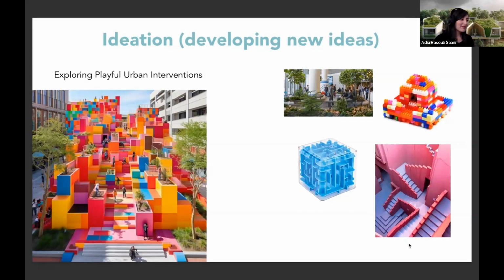I was wondering if by creating some form of a spatial puzzle, some form of a 3D maze, with a theme all generations have memories with, you can create fun and playful spaces in urban cities that can both act as social hangouts and as spaces parents will explore alongside their children and create some form of generational bond and connection. I also use ChatGPT to evaluate my ideas, and when some idea suddenly occurs to me, it is the fastest way to learn about the pros and cons of it.